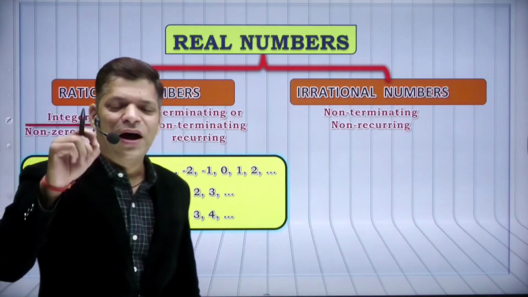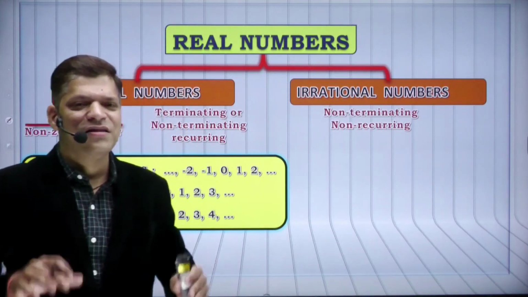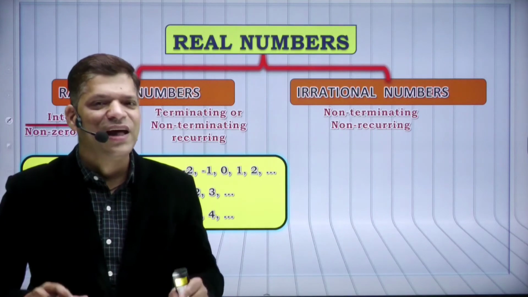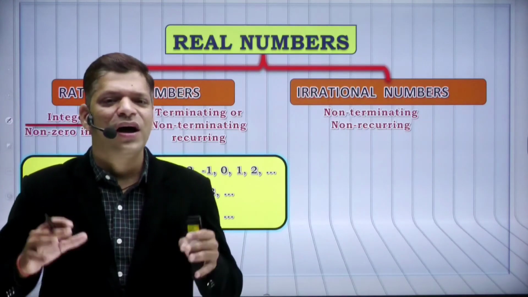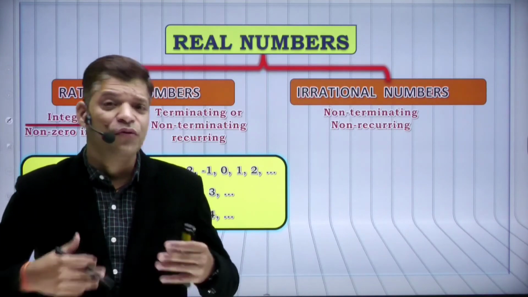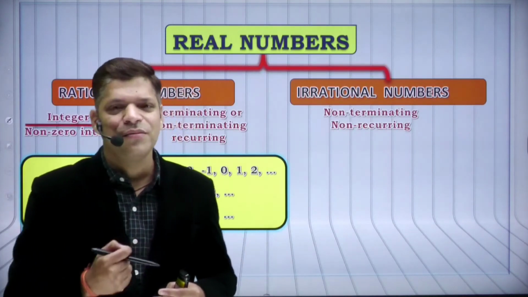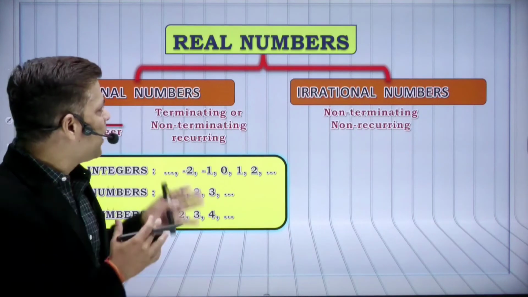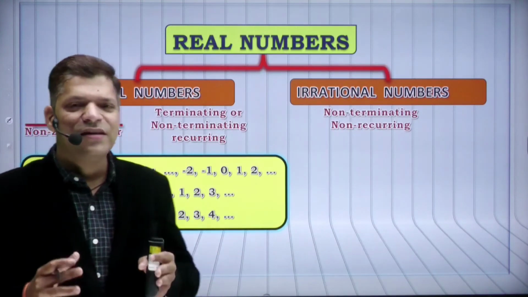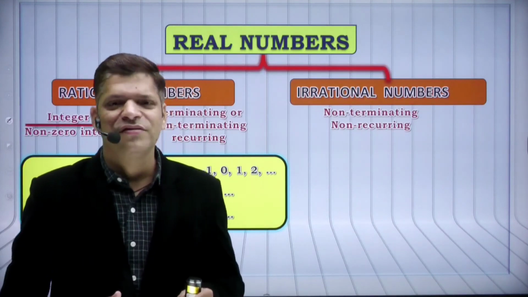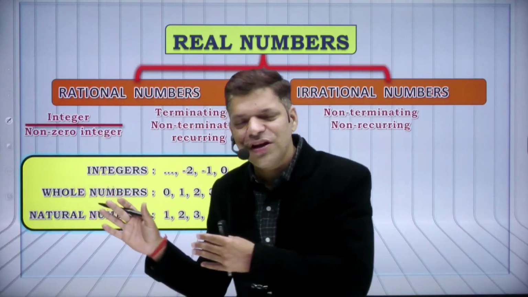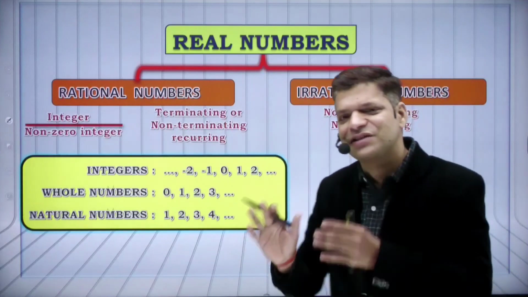So here our introduction is finished; in this lecture we understood what real numbers are. Before starting chapter 1, Real Numbers, we should first know that real numbers are categorized into two types: rational numbers and irrational numbers.